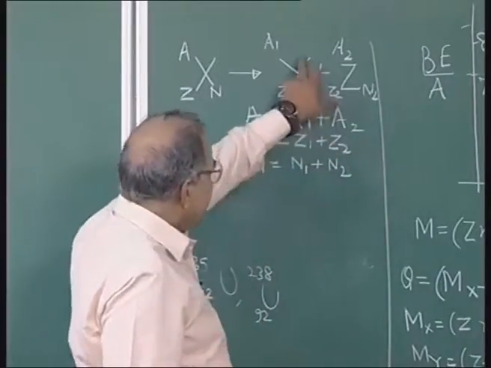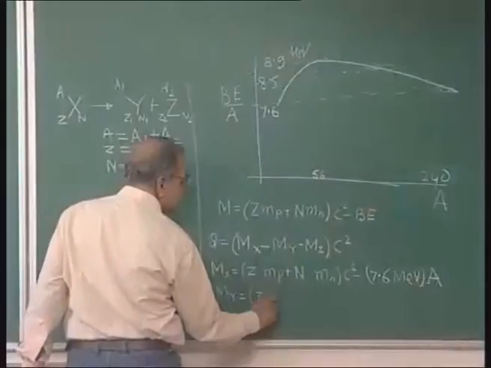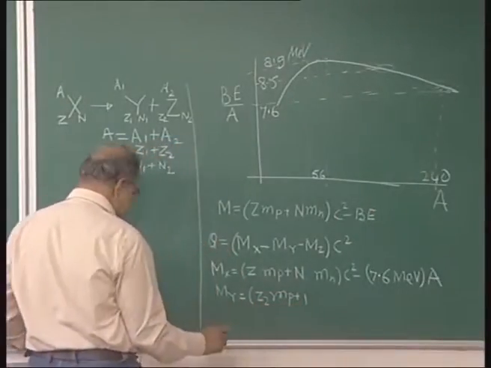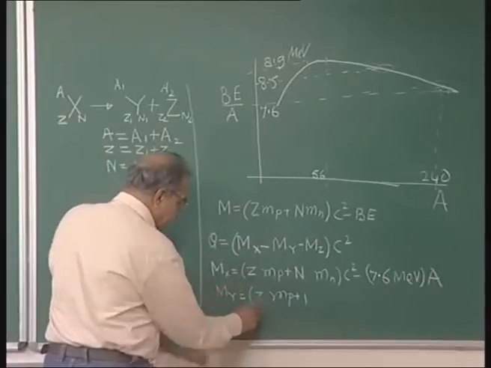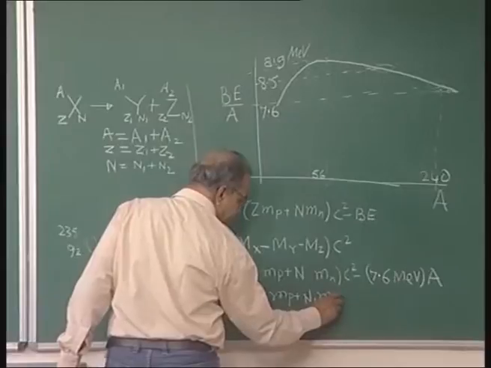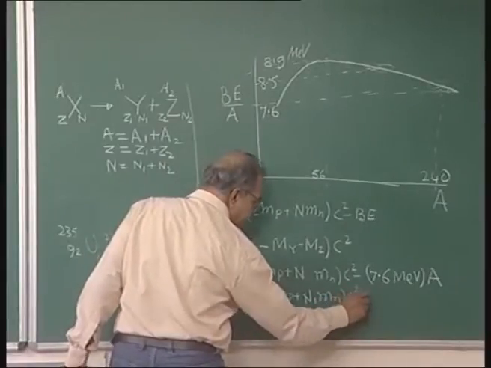So, for this nucleus Y, it will be Z1 times Mp plus N1 times Mn, times c square, and minus.